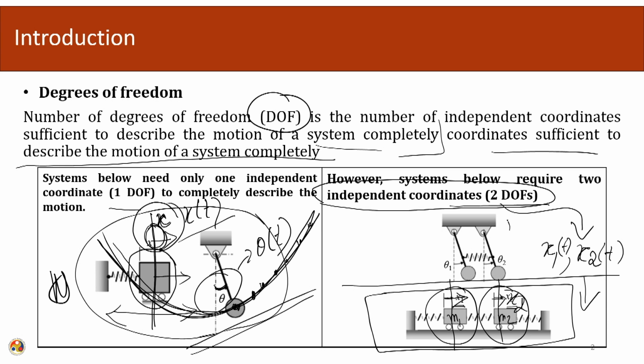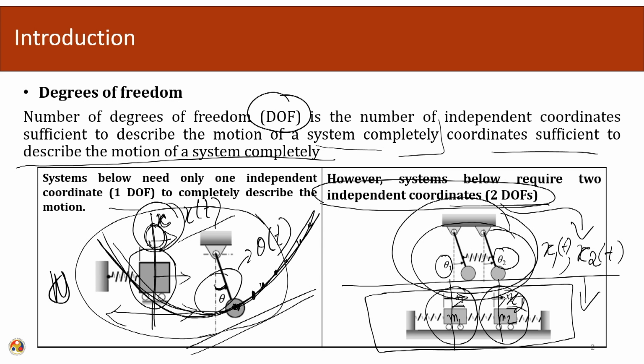Similarly, if we look into this two pendulum system, then in order to know the position of this entire assembly, we should know the angle theta 1 and the angle theta 2.